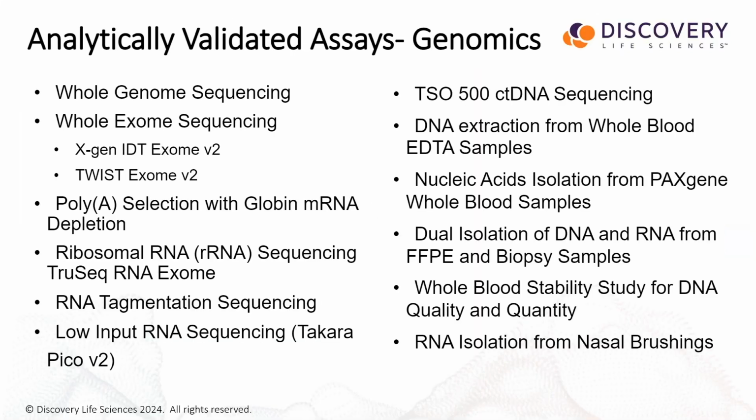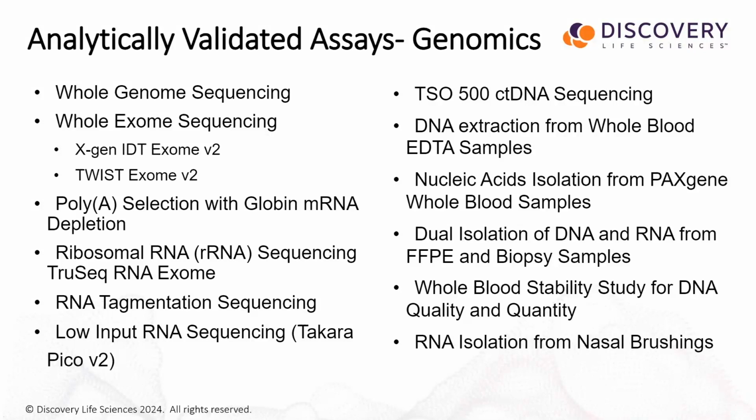Jumping a little bit into the analytically validated assays in genomics, I'm just going to slowly move towards providing a brief background of the company highlight, now transitioning into what we do in genomics and how we do things in genomics. These are some of the analytically validated assays that are available for services.